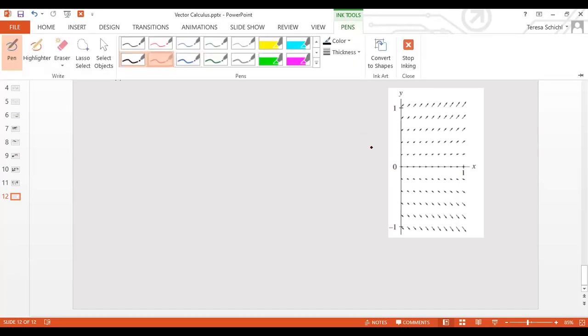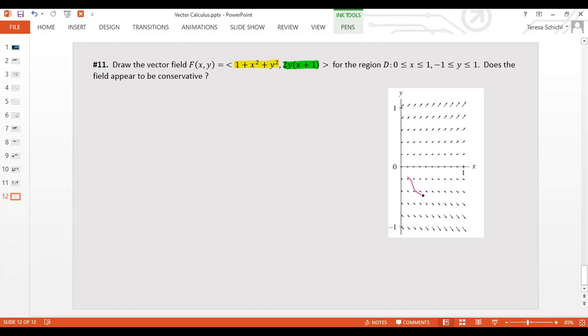So if I start with some closed curve, right? If this is my C, a closed curve here. On this part of the closed curve, it seems like you are going in the same direction as your force, right?